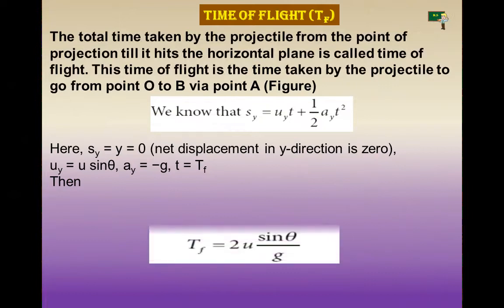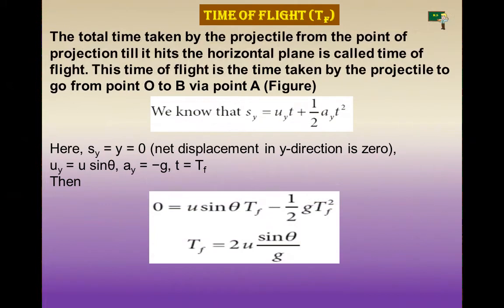Then we get 0 equals u sin theta tf minus 1 by 2 g tf square, or taking tf, the time of flight tf equals 2 u sin theta by g.